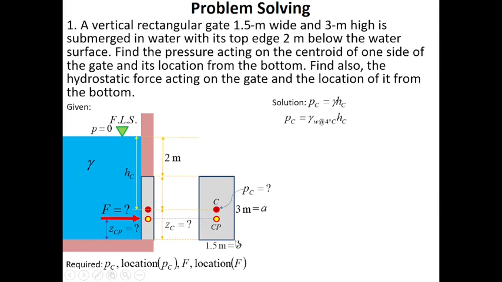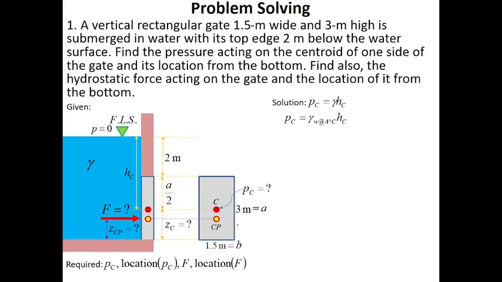If this is 3 meters and this is the centroid, and since this is a rectangle, what will be this length? That is simply A over 2, half of A, considering the centroid of the rectangle.